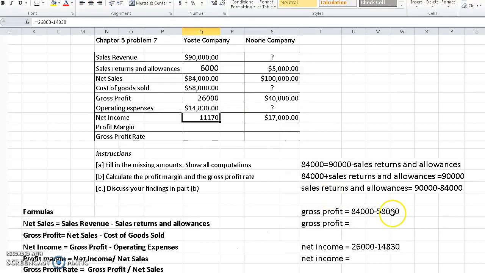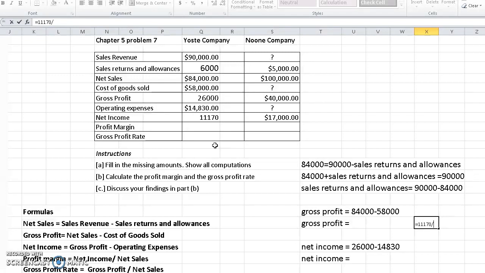and paste. Okay, now the next part are the profit margin and the gross profit rate. So let's do the profit margin first, since it's right here. And so that equals, again, we're going to use our Excel calculator, the net income, which is what we just calculated, $11,170, and we're going to divide.